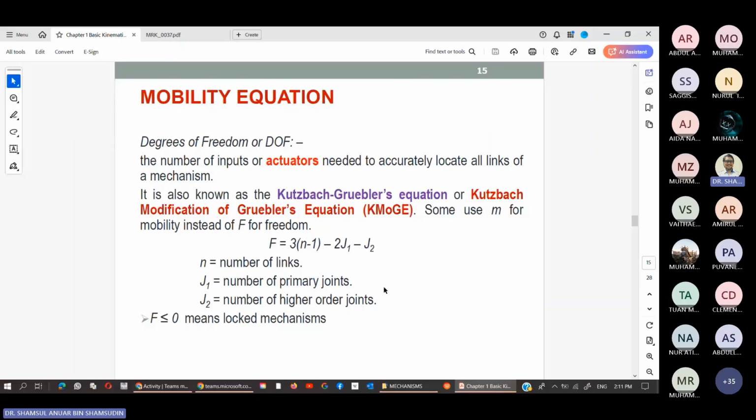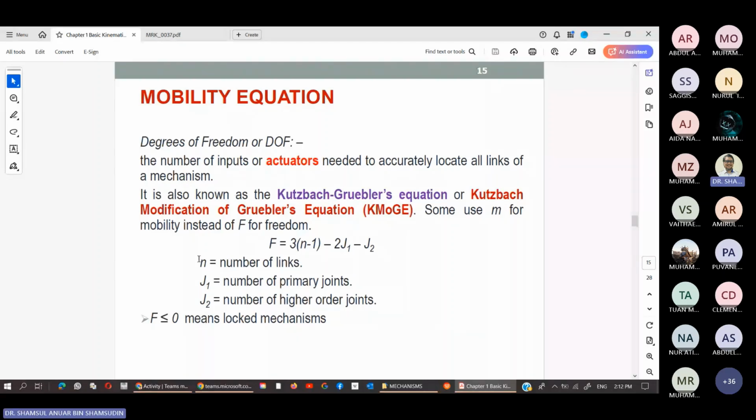The other way is through calculation, by using this. I guess if you search for Grubler's equation, they might give it in a different form. But the form that you want to use is this one. F. Either we use F here for freedom, or we can also use M, small m, for mobility.